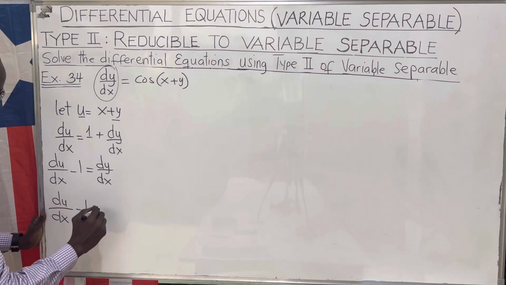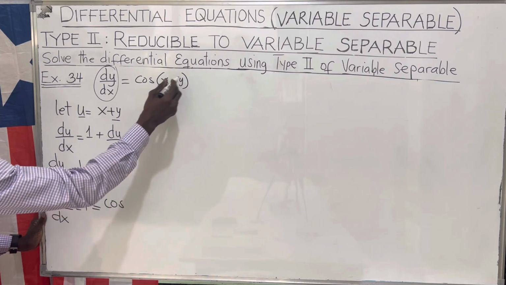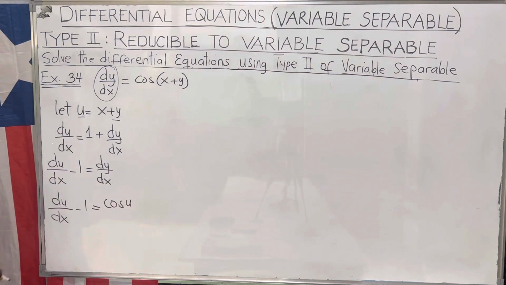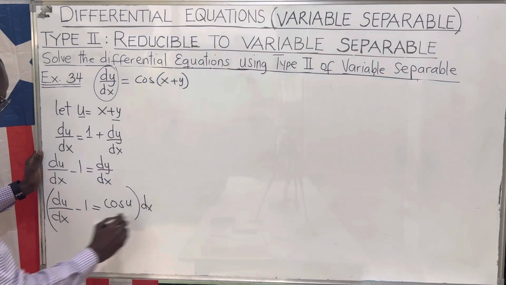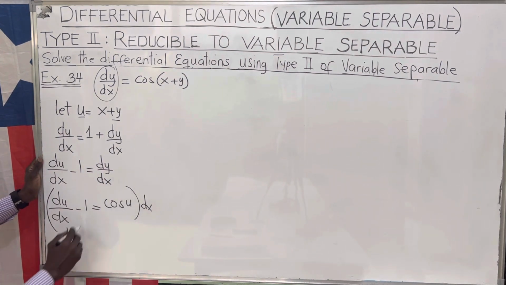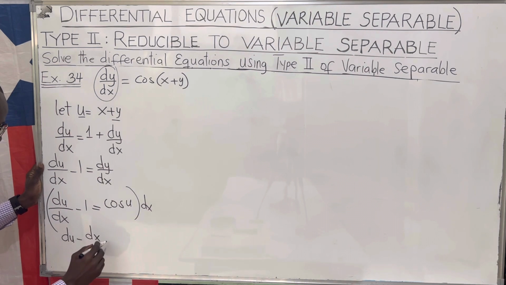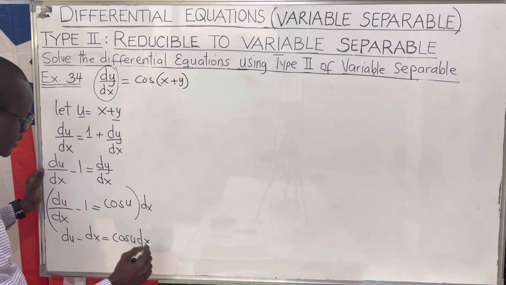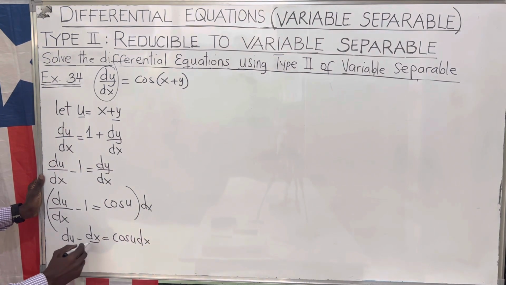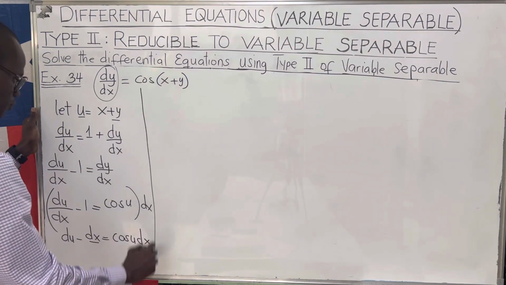And then on this side, cos of x plus y is just cos of u. We can multiply both sides by dx. du minus dx equals cos of u dx. Then we can send this dx across.